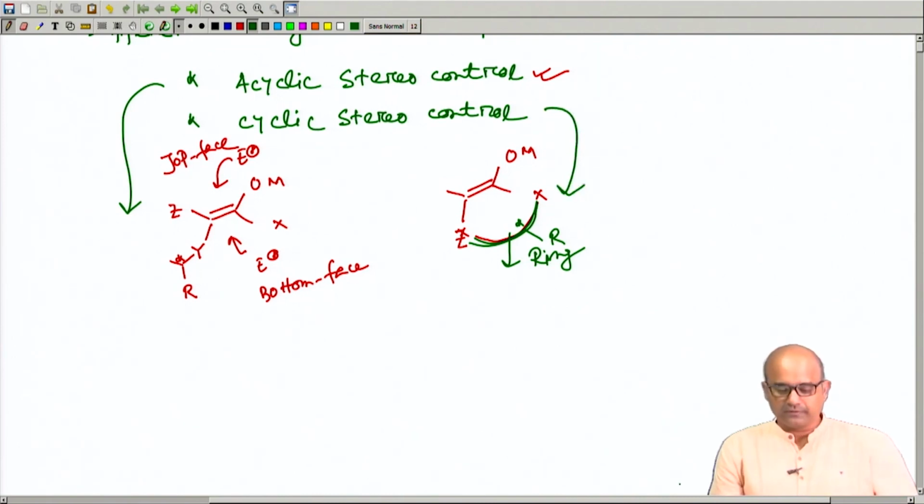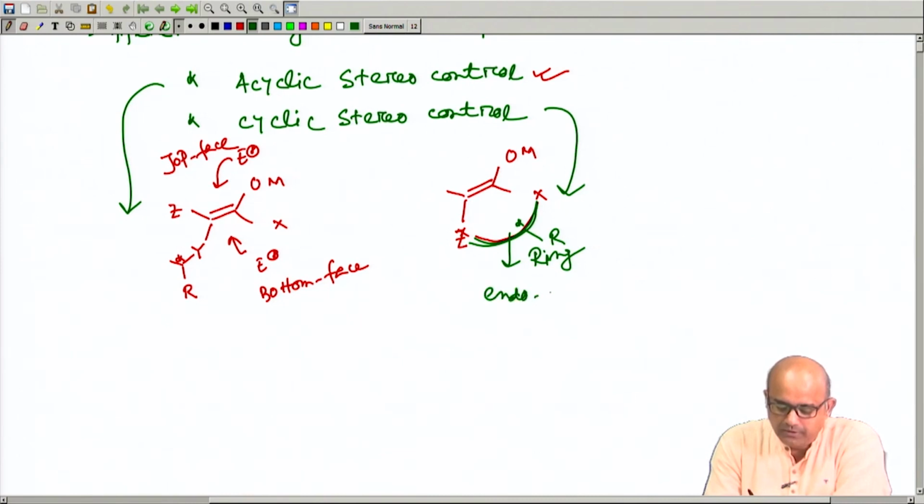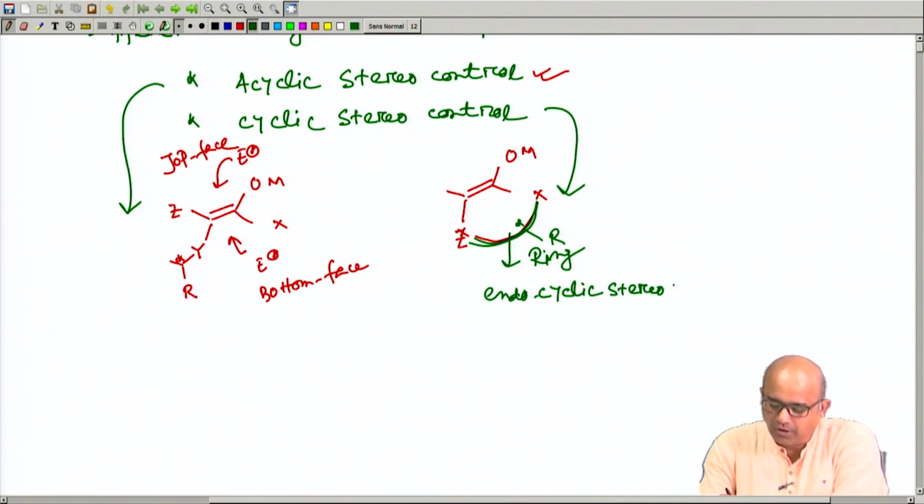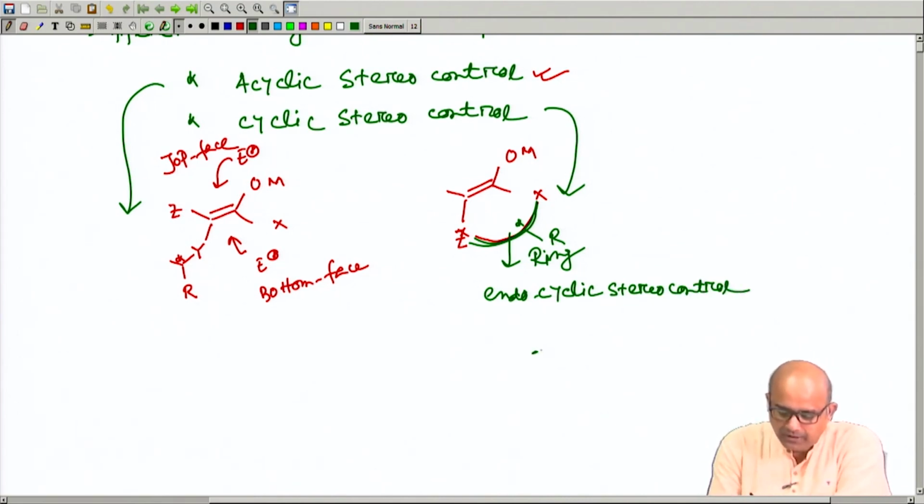We will discuss both in detail. In cyclic stereocontrol there are two different ways. In the way we just drew, it is endocyclic stereocontrol, meaning the olefinic unsaturation of the enolate is within the ring. Sometimes the enolate is formed outside the ring.